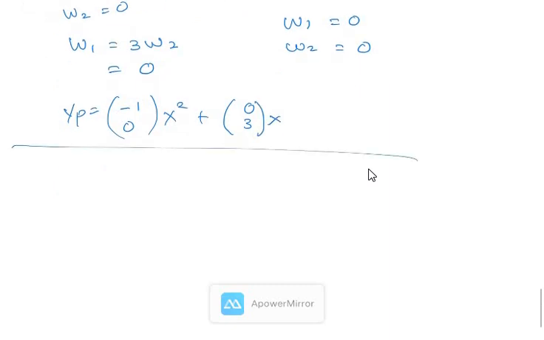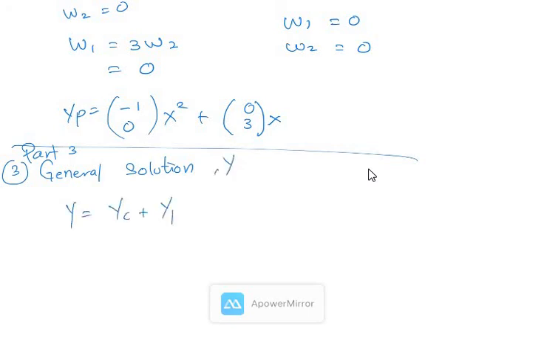So my general solution, the part number 3, general solution, y equal to yc plus yp.